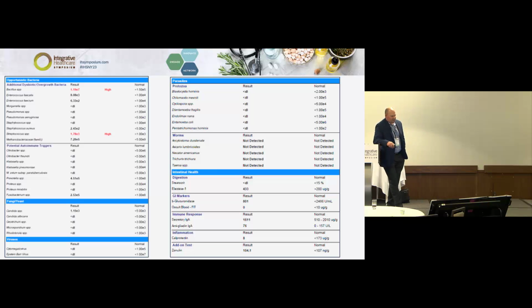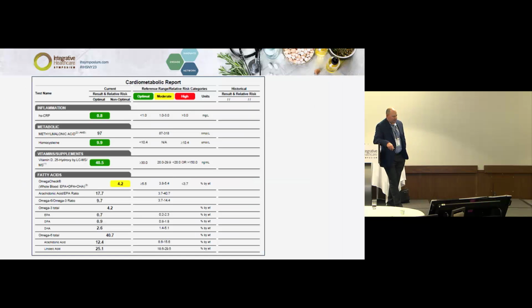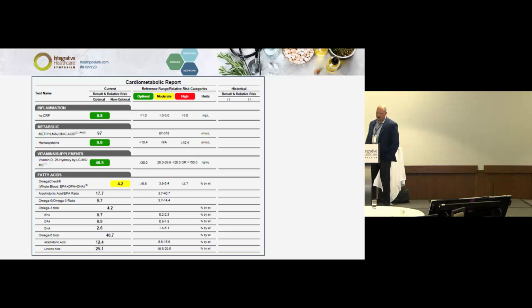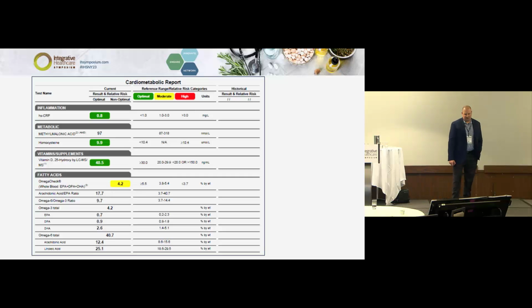And even when I did some of the other markers, her CRP looked good, homocysteine was fine, and vitamin D wasn't too bad. It wasn't optimal, but that wouldn't cause her to need that therapeutic. Even the omega check was much higher than most of the patients that I see to start. So I was thinking we didn't really identify what's going on.